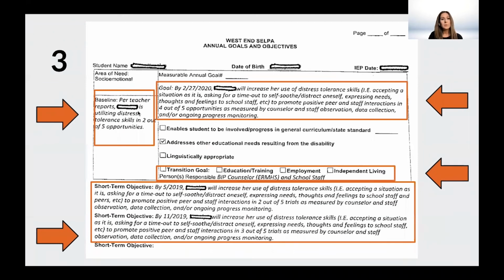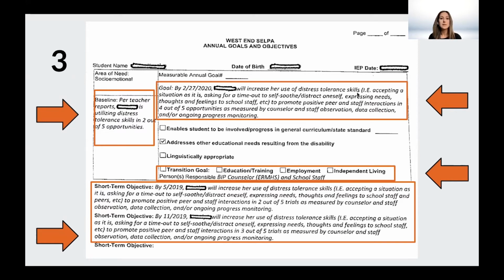And a third example here, areas of need for the social emotional. The baseline is that per teacher report, student is utilizing distress tolerance skills in 2 out of 5 opportunities. And her goal is that by date, the student will increase her use of distress tolerance skills.